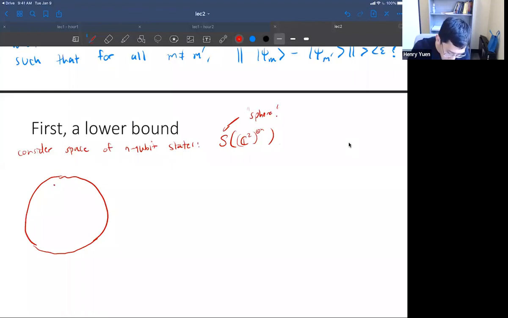And what I want is to find a collection of quantum states represented by these dots that are all not too close to each other. So I'm going to draw these little disks that represent a sort of forbidden zone around each quantum state. And these disks should not overlap.